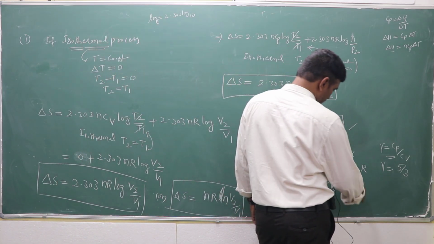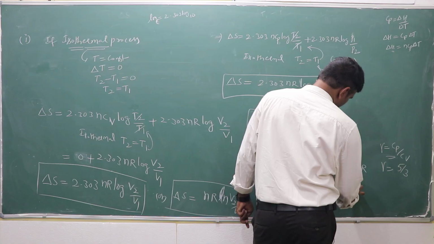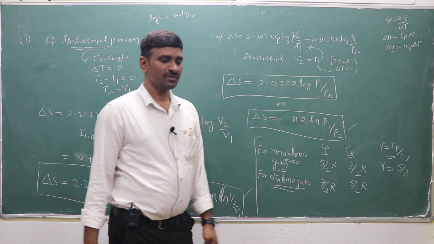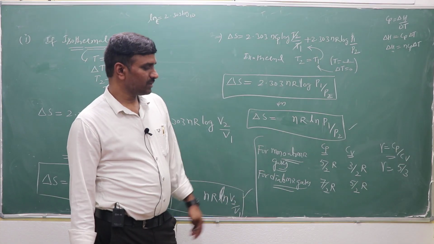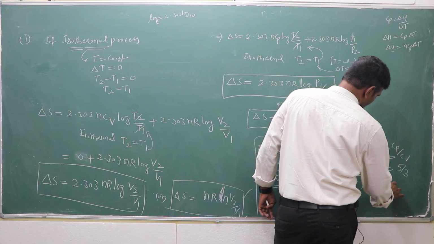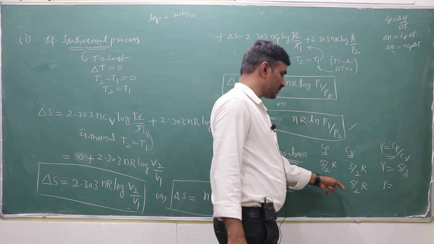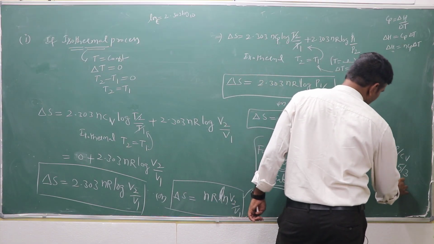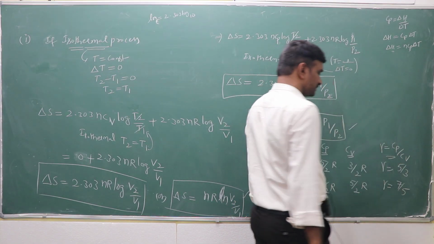In the gaseous state, how to obtain these values can be explained clearly. So 7 by 2 R and 5 by 2 R for diatomic gases. So the gamma value is what? 7 by 2 R by 5 by 2 R, R is cancelled, 2 is cancelled, what is left? 7 by 5.